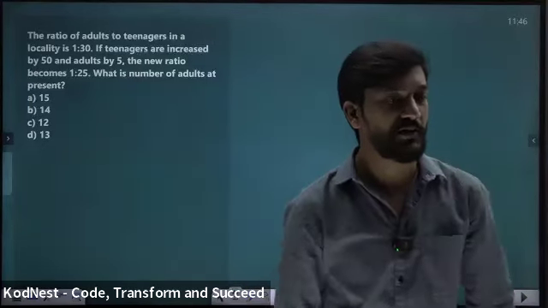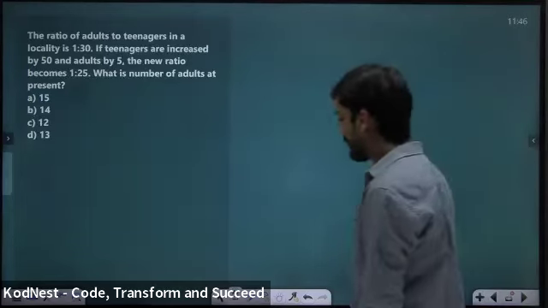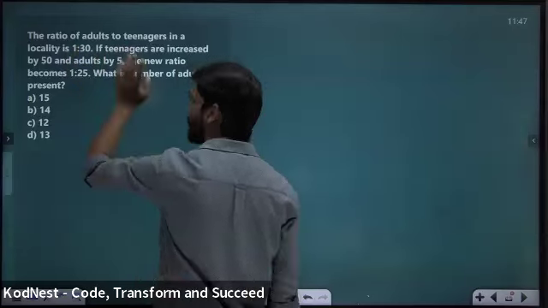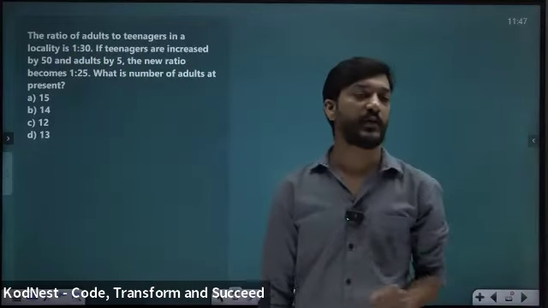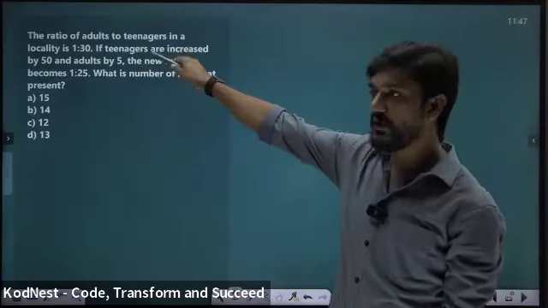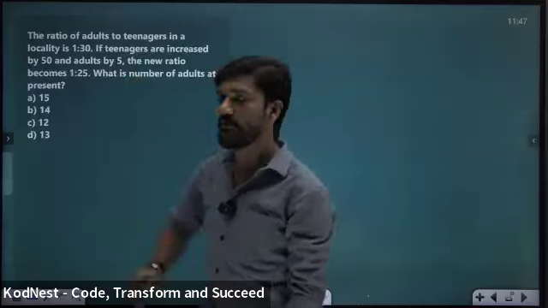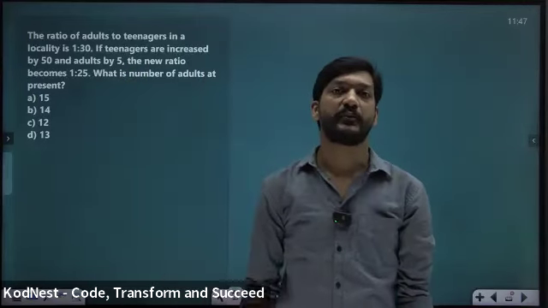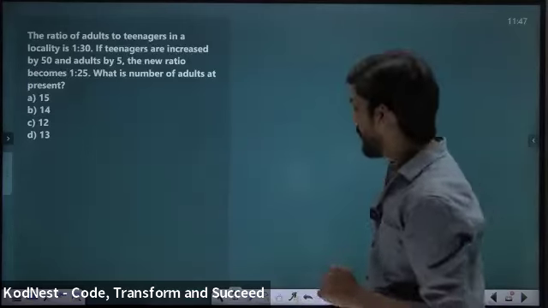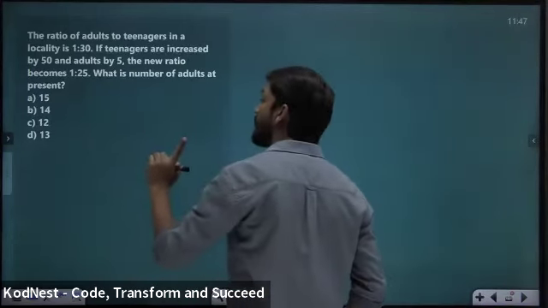Will something be constant? No. If both of them increase by 5, then the difference will be constant. Otherwise, if both are increasing by different values, this is an increase of 50, this is an increase of 5, so nothing will be constant. If nothing is constant, we cannot solve the two ratios simultaneously.